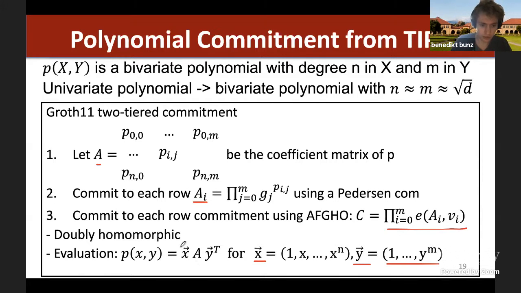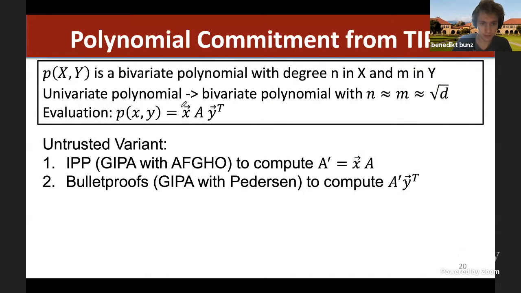So if we want to construct an evaluation proof, we now have to construct a proof for this vector matrix vector product. So for this quadratic form. And the untrusted variant is simply going to use an inner pairing product. So this is GIPA instantiated with AFGHO to compute x times A. And then we have A prime, which is the result.